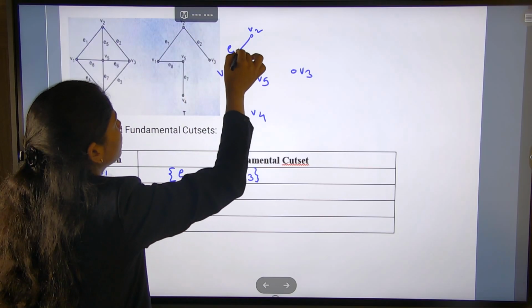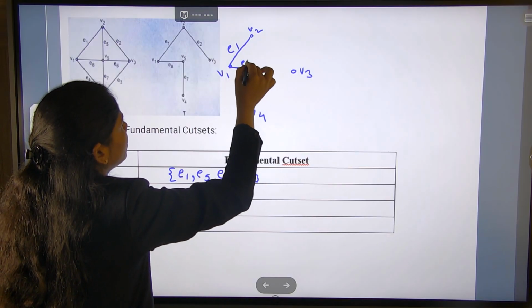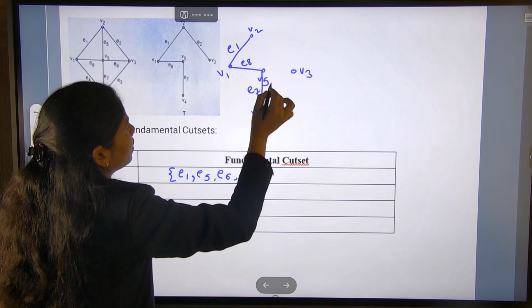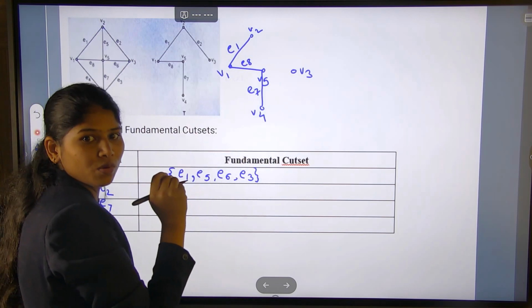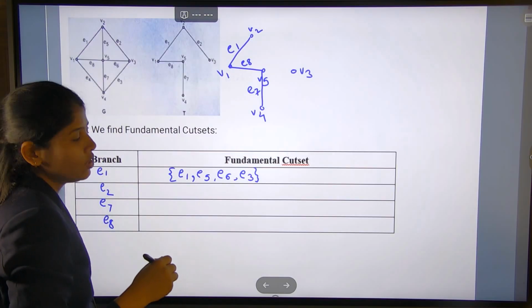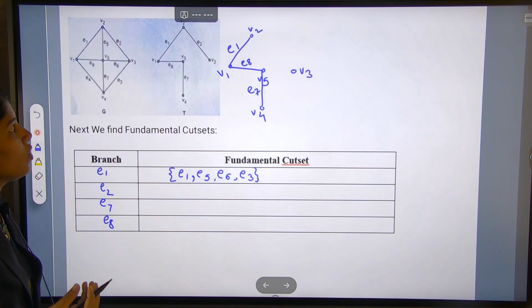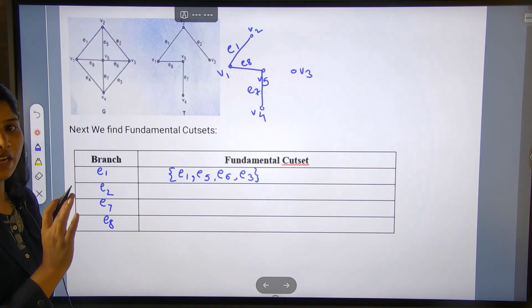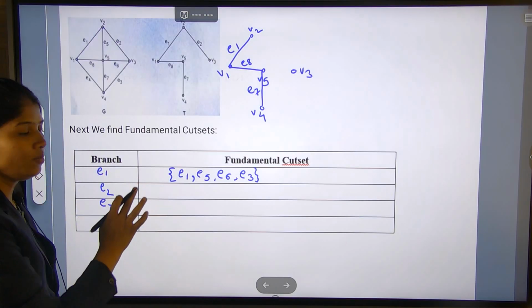E1, E8, E7. We get two disconnected components. This one is first, and V3 is second. So check after joining which chords we will get the connected graph. Those chords we need to write down here.